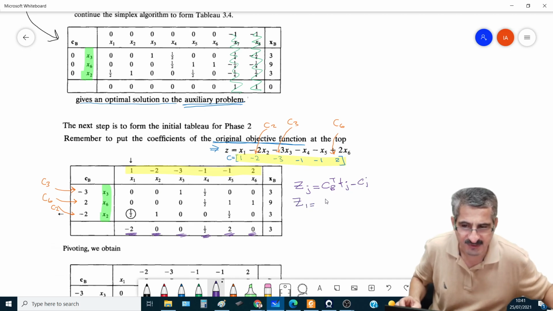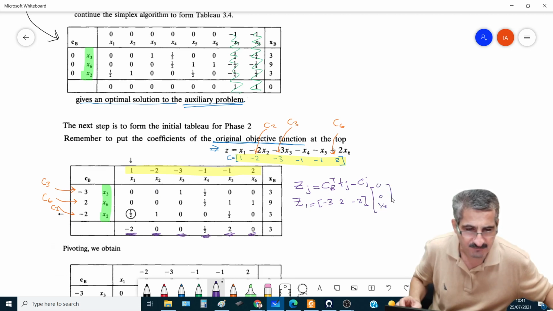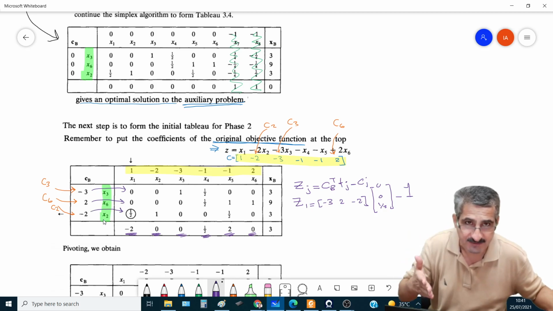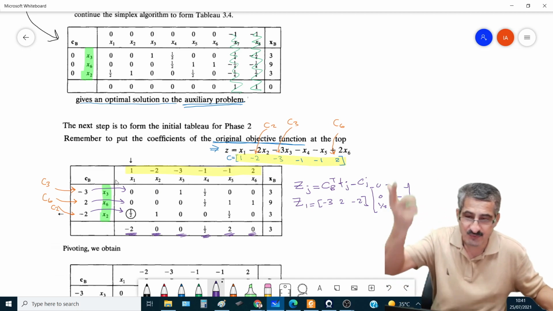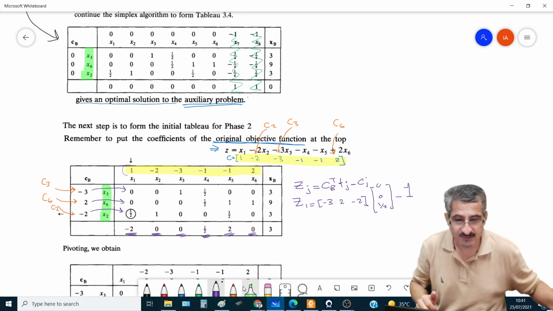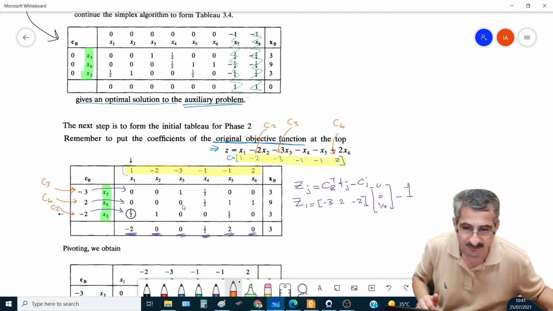For example, Z1 equals Cb transpose, which is -3, 0, -2, times column 1, which is 0, 0, 1 half, minus C1, which is 1. So I just multiply this by this, and that by that, and then I get -1. Add them together, minus 1 above there, so I get -2. And to obtain the column in here, I multiply -3 with this, -2 with that, and -2 with this.